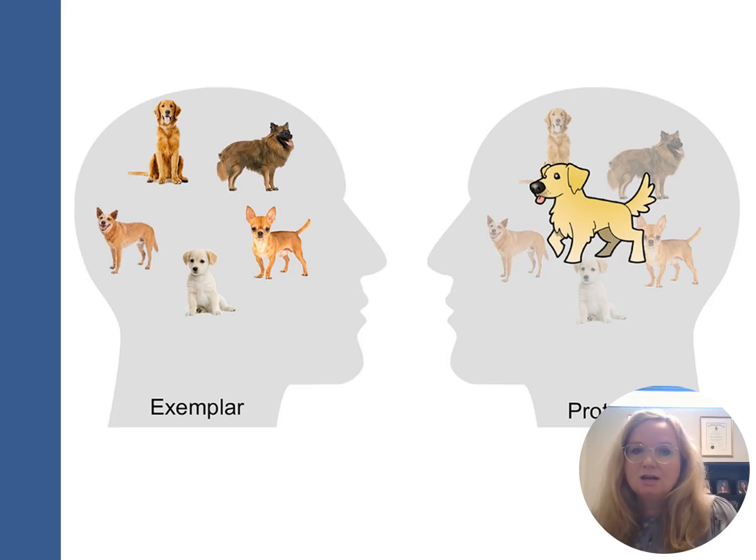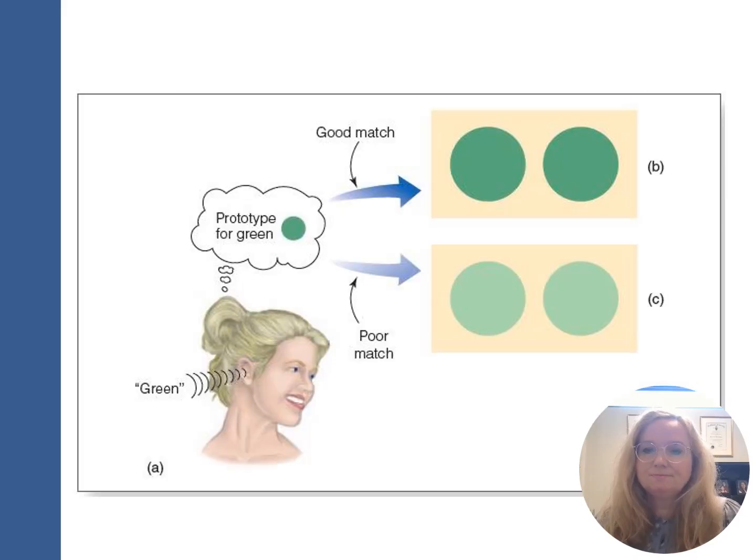So you have had many smaller dogs as your typical experienced dogs that you have lived with. But then you also lived in a neighborhood, and maybe you had a neighbor that had a German Shepherd. So that is also part of your exemplars and your history. Those are the examples that you have learned in your brain. And so when you see a new dog, you'll be fast if you are identifying dogs that are similar to dogs that you've personally learned about, as opposed to all the dogs in the world and just an average of that dog.